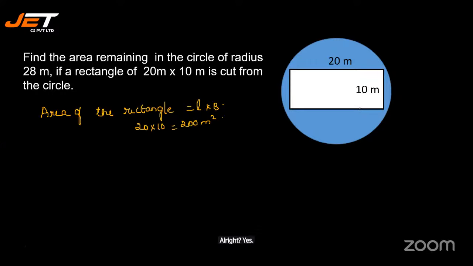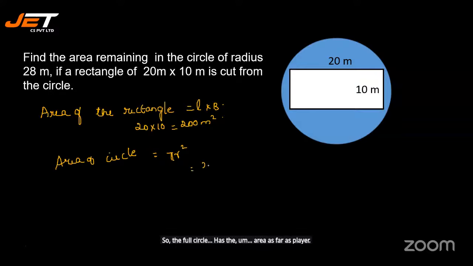Next, area of circle. The full circle has the area pi r square.